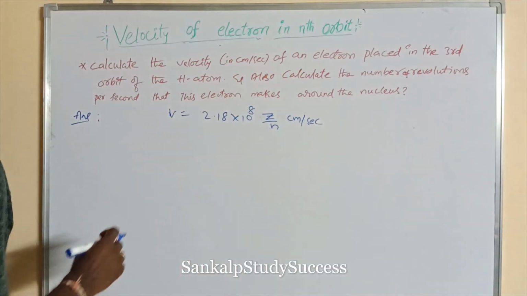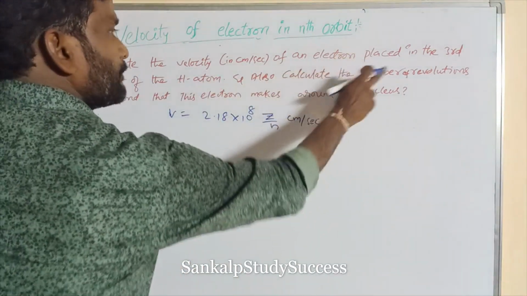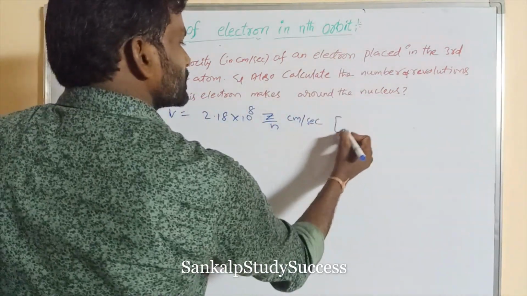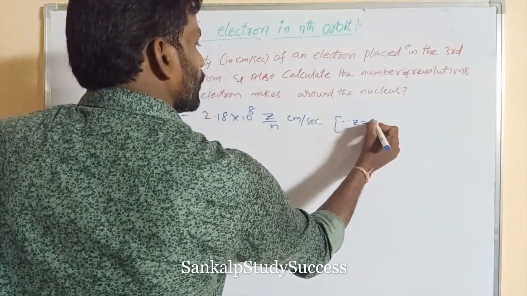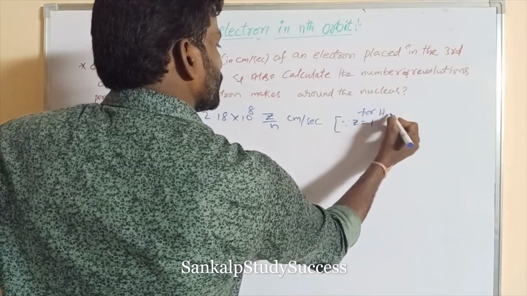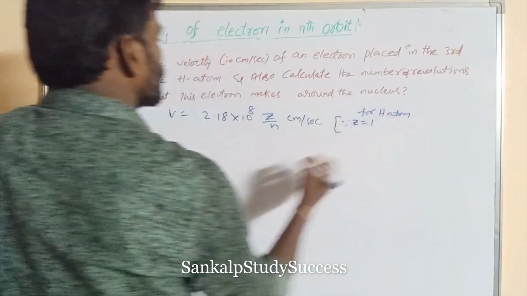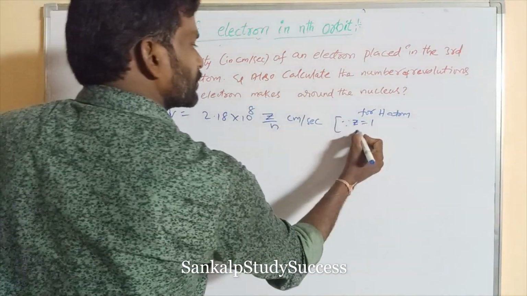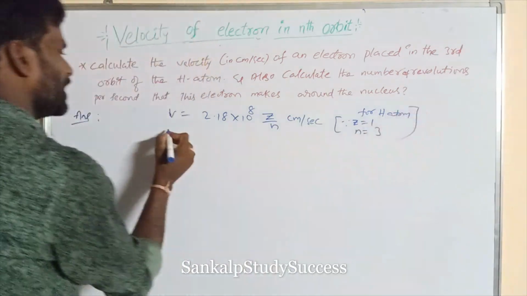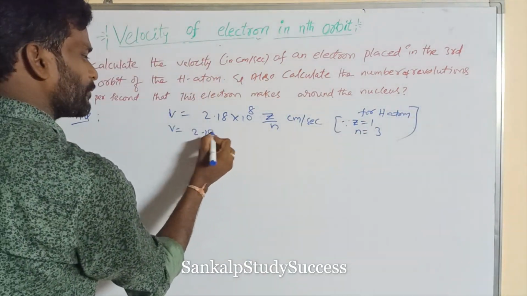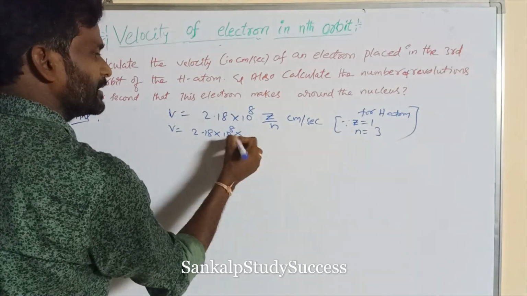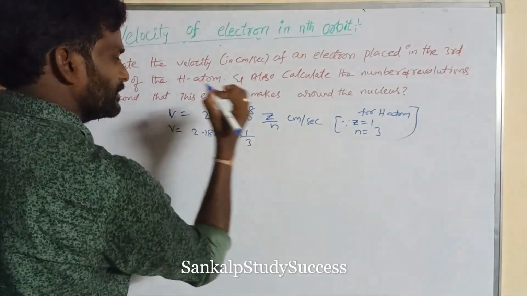Now which atom? Hydrogen atom. For hydrogen atom, Z is equal to 1, and n is equal to 3, the third orbit. Now v = 2.18 × 10^8 × 1/3.